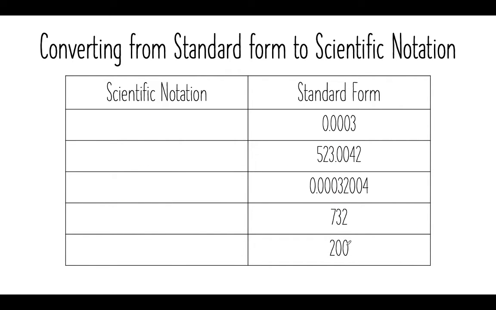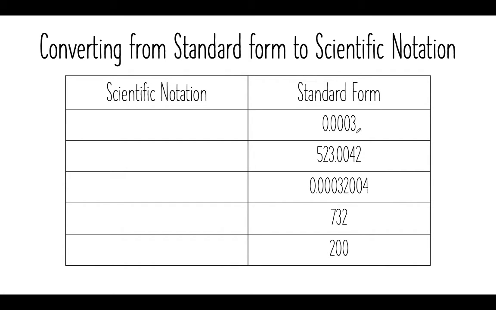What if we have to do the opposite? So if we're going from standard form into scientific notation. The biggest thing that we have to do is move the decimal place after the first non-zero number. So if I take a look at this number, 0.0003, the only non-zero number in this case is 3.